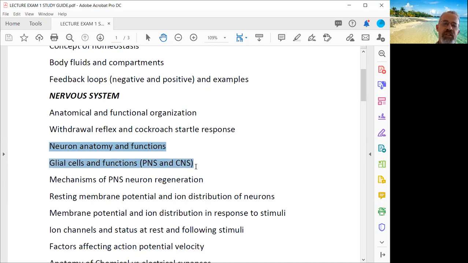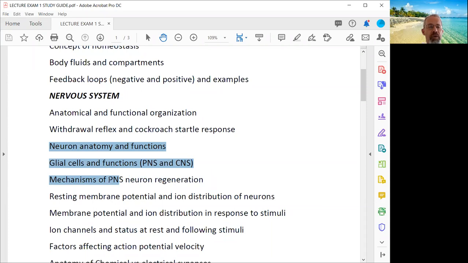Now, even though neurons are important, we also have glial cells. We spoke about the different glial cells that are both in the central and in the peripheral nervous system. You should know their names and their functions. For example, we spoke about the Schwann cell, involved in myelination, as well as the production of neurotrophins for nerve repair in the peripheral nervous system.